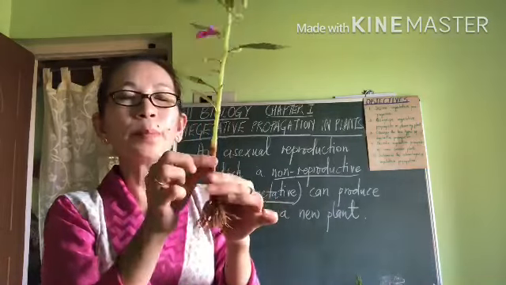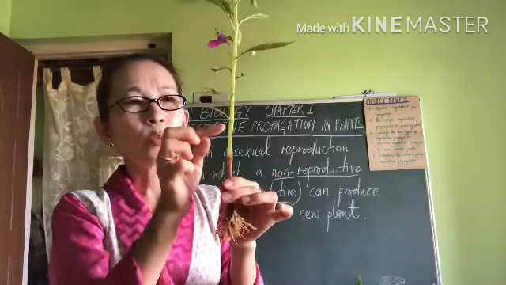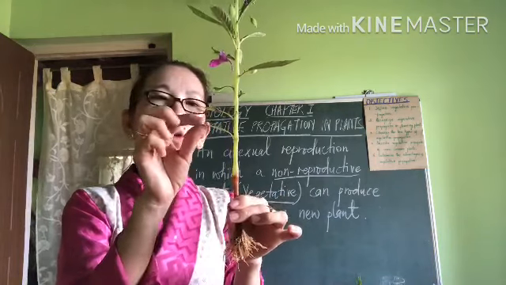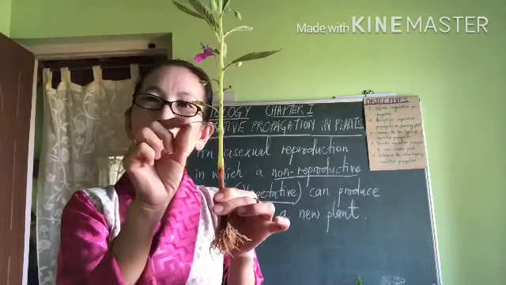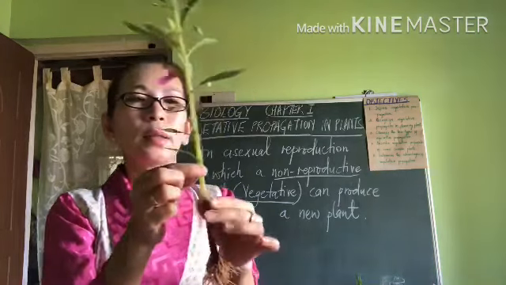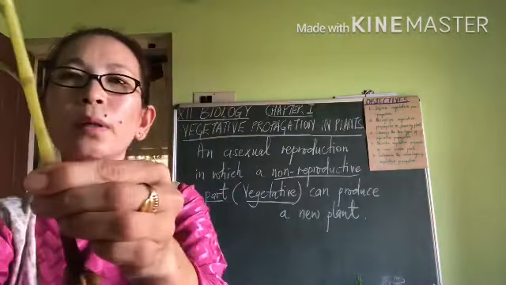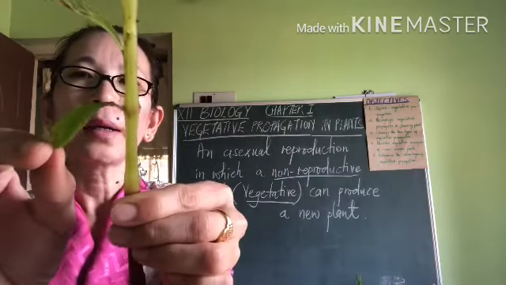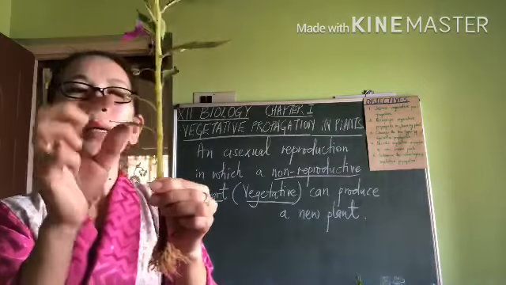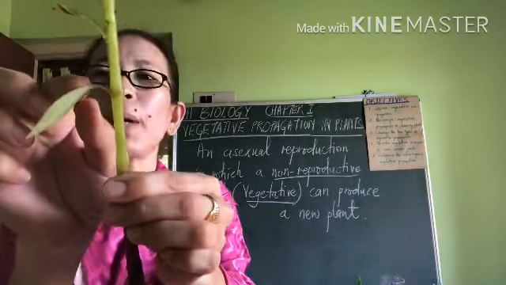Then coming off from the nodes, in this plant we also have leaves. The leaves are attached to the nodes. Then, if you have a close look at the axil of the leaf, you can also see a tiny bud.